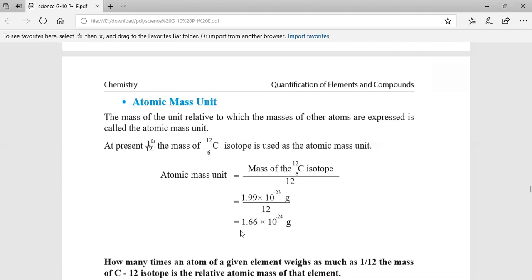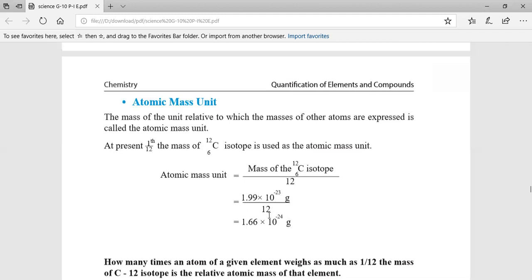The answer is 1.66 into 10 to the power minus 24 grams. This is the atomic mass unit.